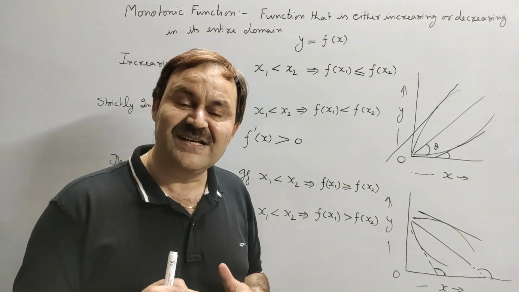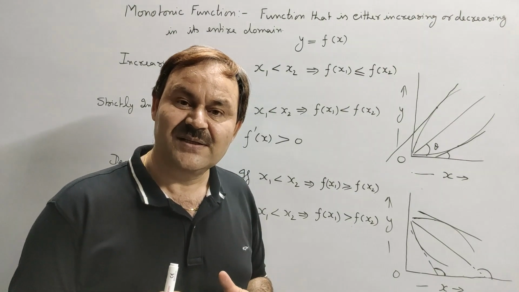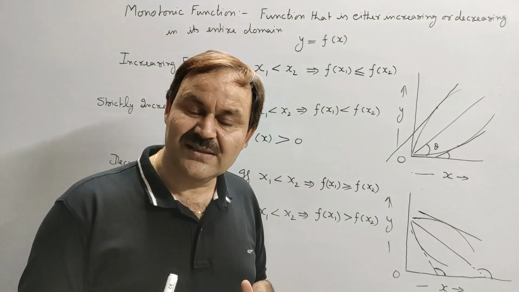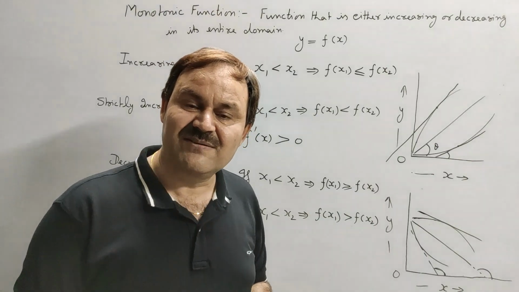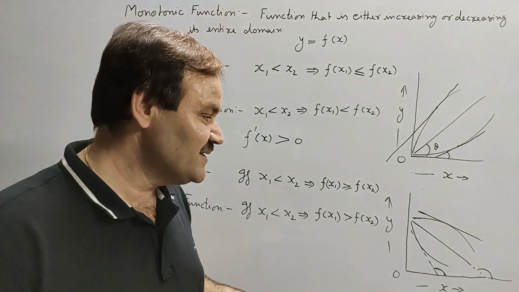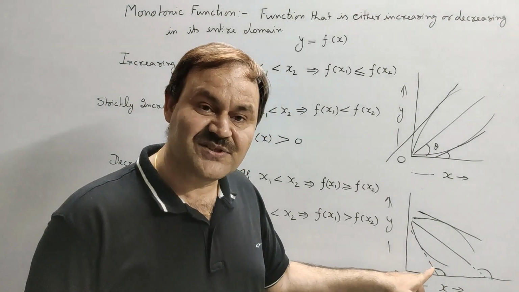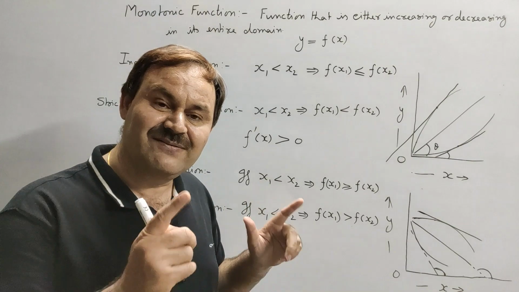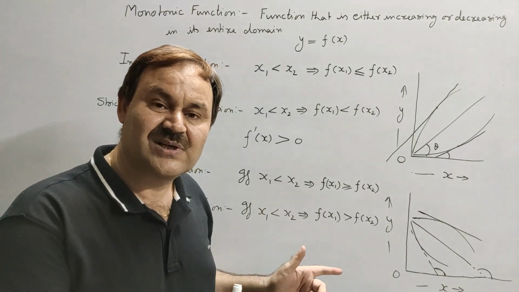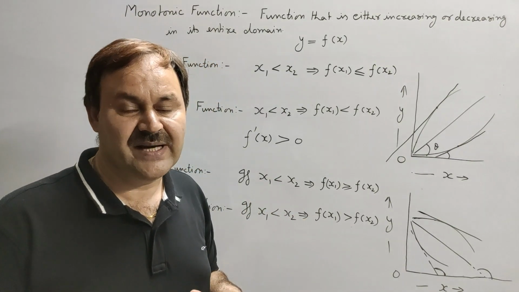And if the angle is more than 90 degrees but less than 180 degrees, then it means for the second quadrant tan theta will be negative. It means for a decreasing function, the slope of the tangent to the y versus x curve will be negative.